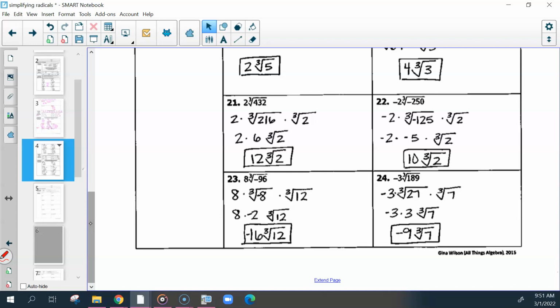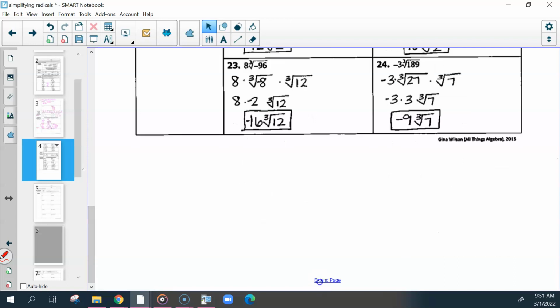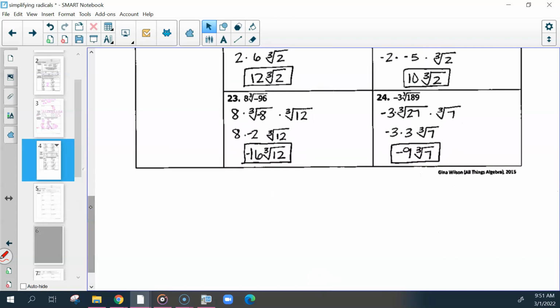Actually, never mind this one. Which one? 24. Okay. You had a question about it, or you want it done the other way? So give me two numbers that are factors of 27.